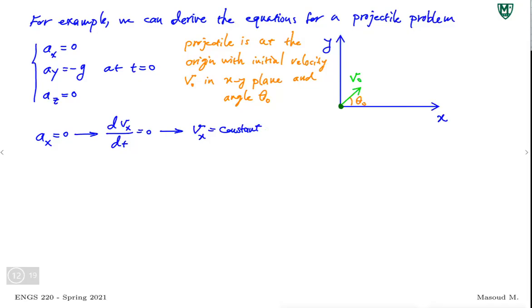Now, what that constant value is, if you look at xy, is basically the component of v naught on the x-axis at the beginning. We know v naught, we know theta naught, so that component is v naught cosine theta naught. So vx for this motion is v naught cosine theta naught. That's pretty much it.